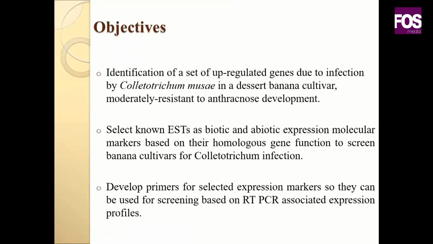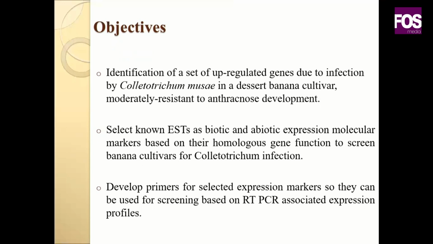Therefore, we started our research with the following objectives. First, identification of a set of upregulated genes in response to infection by Colletotrichum musae. That means we are going to identify some of the genes which are expressed under this infection in a resistant cultivar.